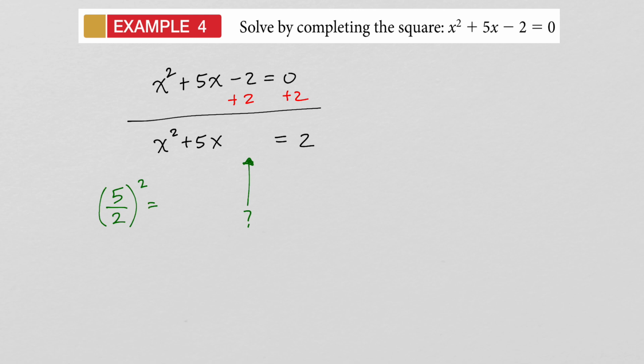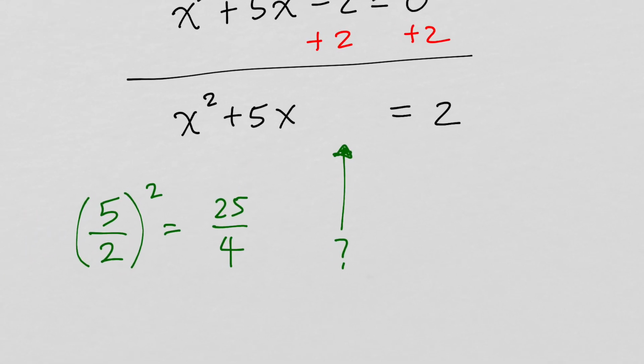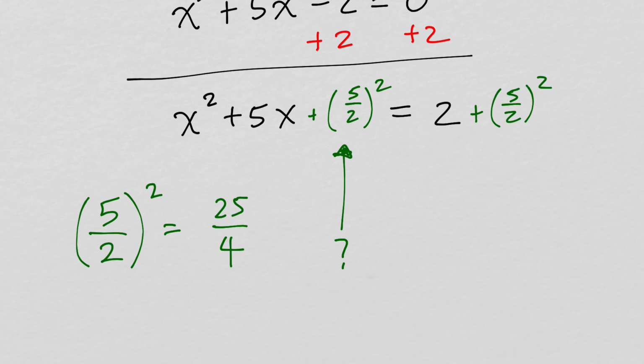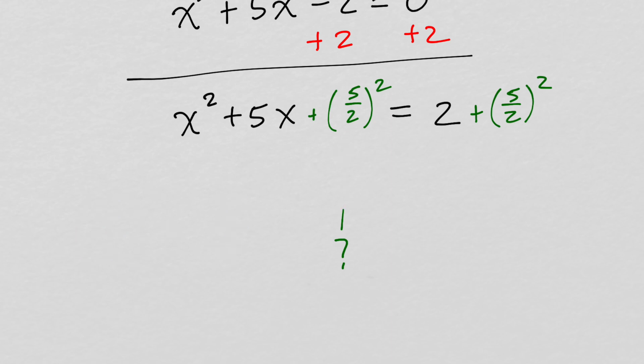Now, 5 divided by 2 squared is 25 over 4, okay? Which is not a very nice number, but that's just how it goes sometimes. So I'm going to add 5 over 2 squared to both sides of the equation, and then I'm going to clean this up a little bit.